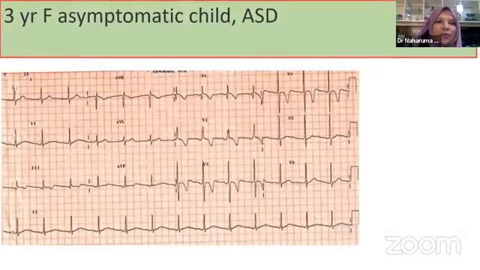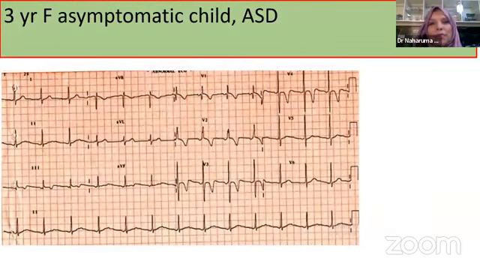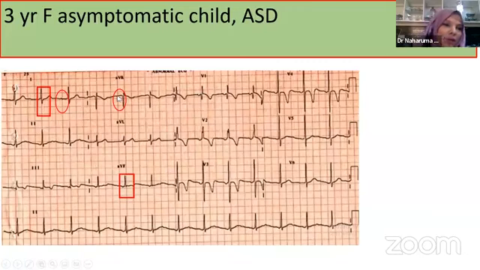Next, a 3-year female asymptomatic child, a known case of ASD. Here the axis is normal. But if we see the P wave in aVR, it is equiphasic or slightly upward, and it was negative and negative. So there is abnormality of the P wave. And we see a short PR interval.